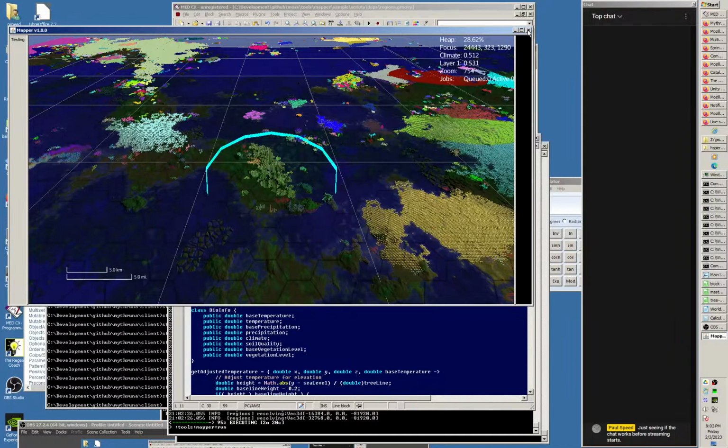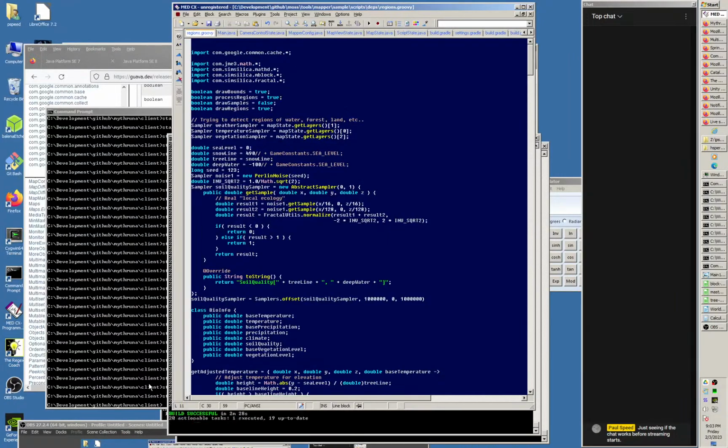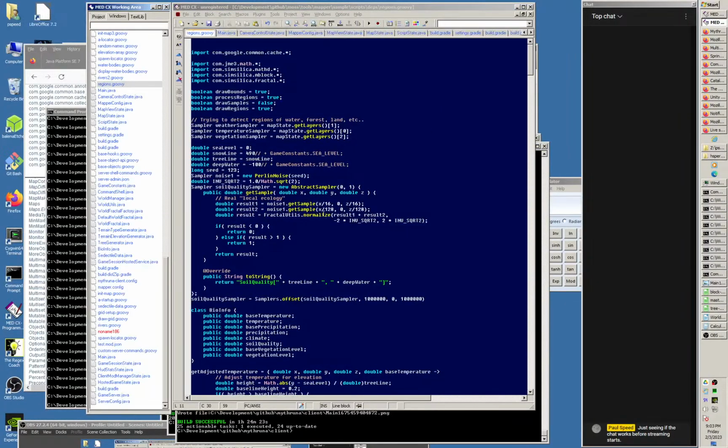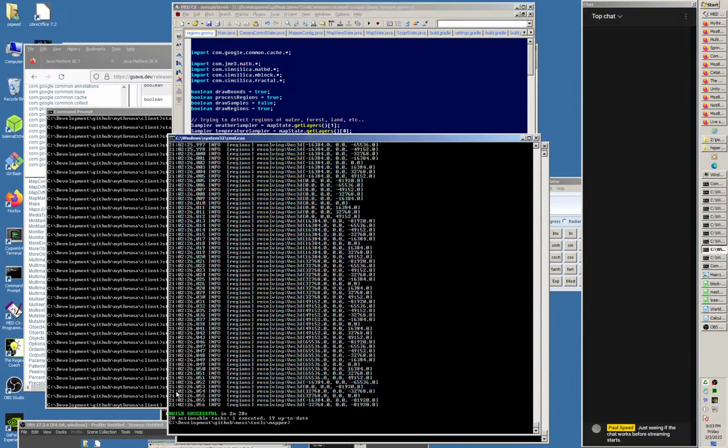Then really what I wanted to work on is rivers, because rivers are super important to everything else: town placement, trade routes. Rivers turn out to be a pretty important thing. So what I did was, all of these Mossy tools, like the mapper and the shaper and different things, can be embedded in other projects.